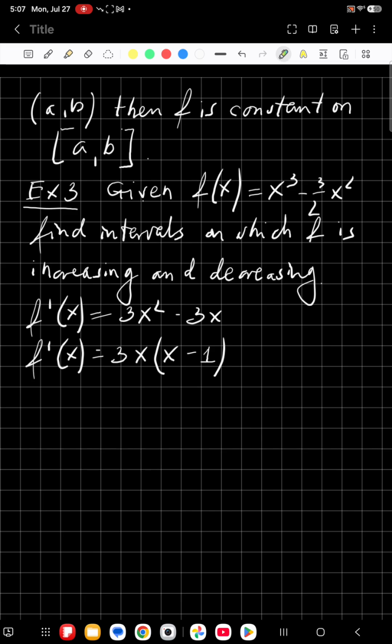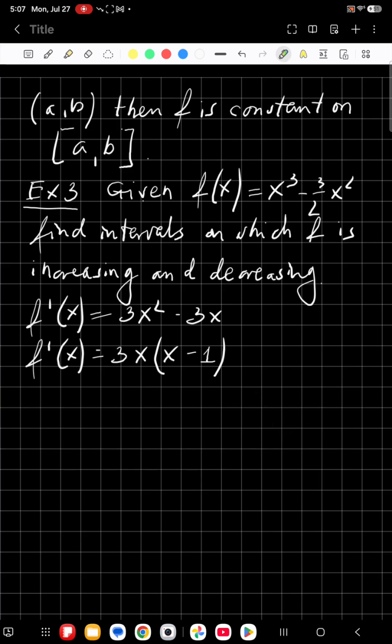I hope you remember from the previous lecture that critical numbers give us maxima or minima, so the function will change direction at that minimum or maximum. We could have something like this, or something like that.